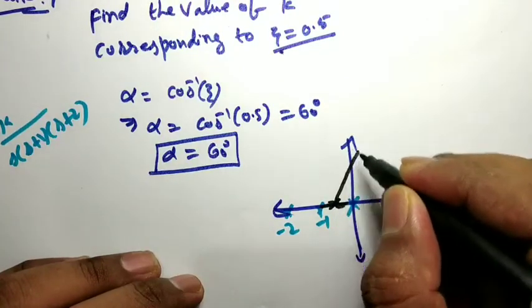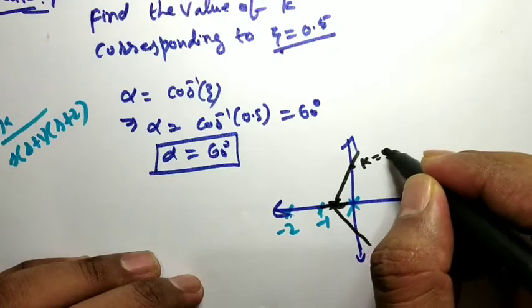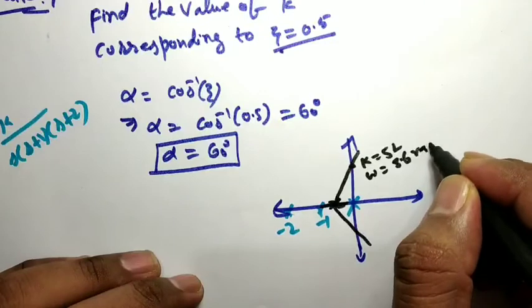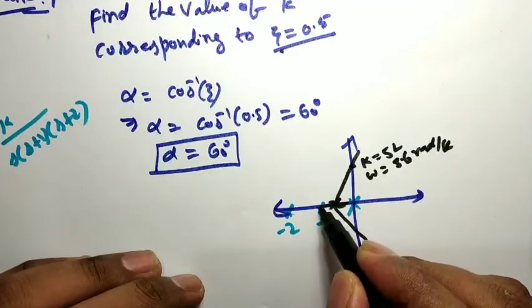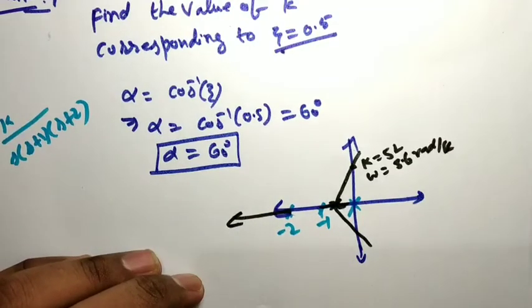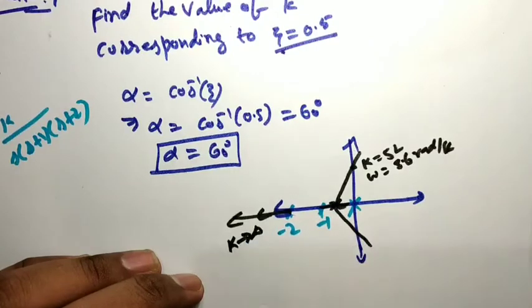We have already calculated k is equal to 52 and omega is equal to 3.6 radians per second, and we know this is the centroid. This root will start here and terminate at this point.